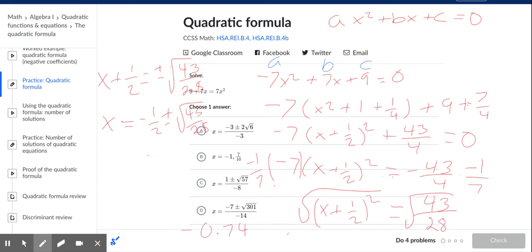And then if I did this one, I would get negative 1/2 plus the square root of 43 over 28. Type it into the calculator correctly, and I get the same thing.